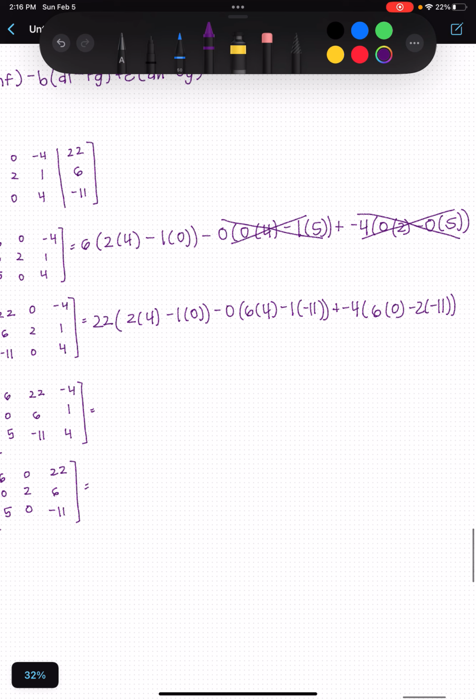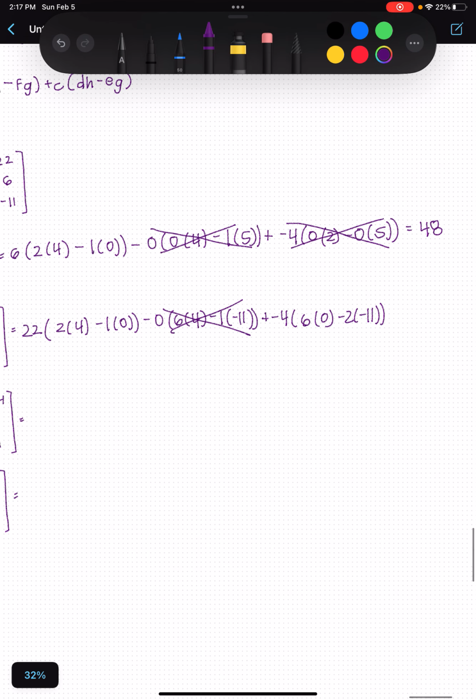All right, and then let's see. If that one's going to cancel out because it's multiplied by 0, then I'm going to have negative 22. Okay, that is a calculator one for sure because my brain doesn't work that fast. So we're going to do 22 times 8 minus 4 times 22. Okay, that gives me 88.